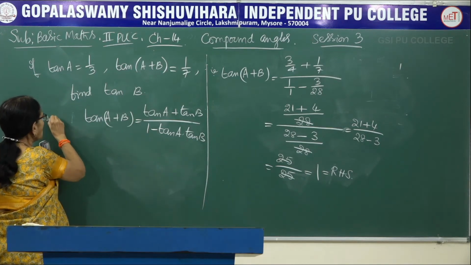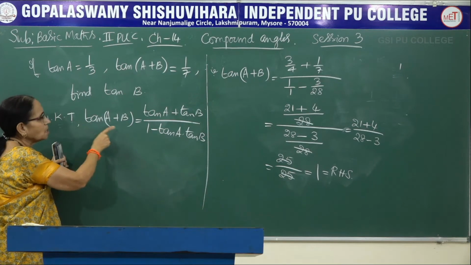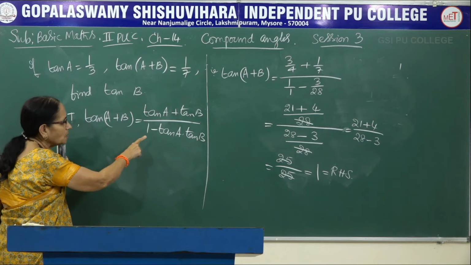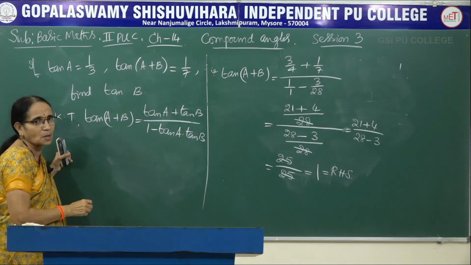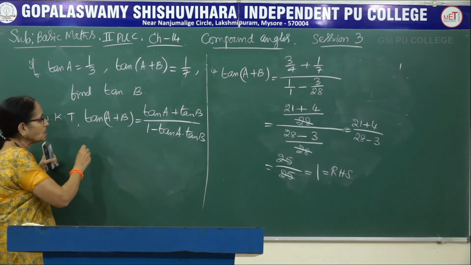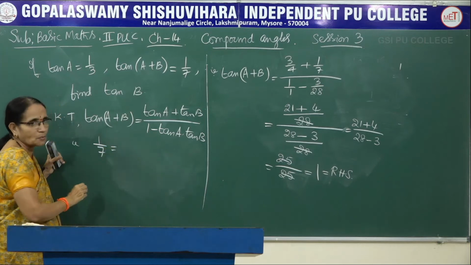Now, we know that tan of A plus B equal to tan A plus tan B divided by 1 minus tan A into tan B. Now, what are all the known quantities? Let me substitute. Tan A plus B, writing the value, it is 1 by 7.